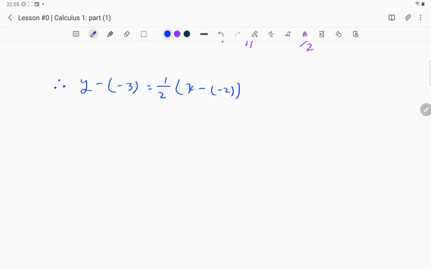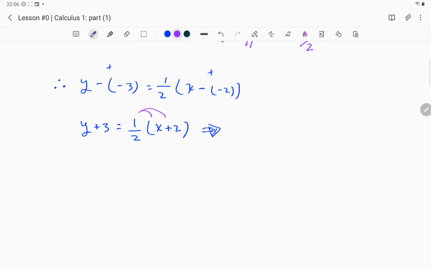So it's going to be y plus 3 equals half times x plus 2, because minus and minus gives plus. Then, going over to the right side, you first distribute.